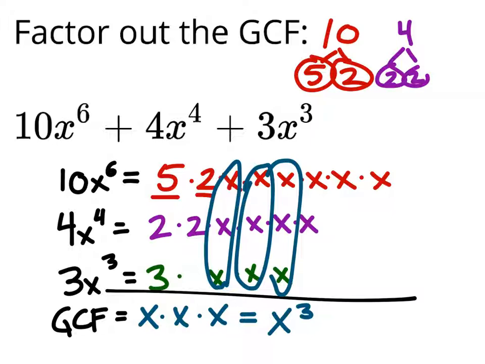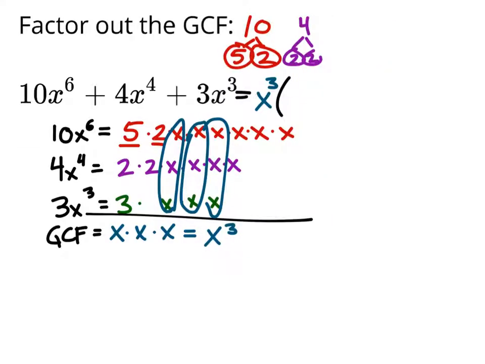I do have other x's, but it's not common for all 3 terms, so it's not a common factor. What this means is I've got this original trinomial, and my greatest common factor, x to the power of 3, but I'm going to multiply it by the rest of what's left of those 3 terms.